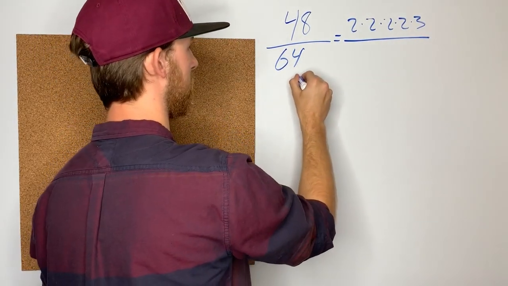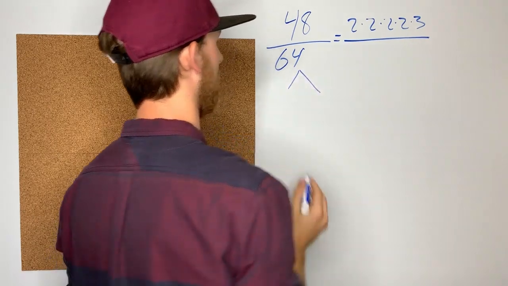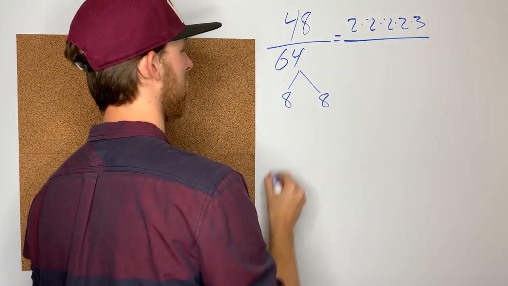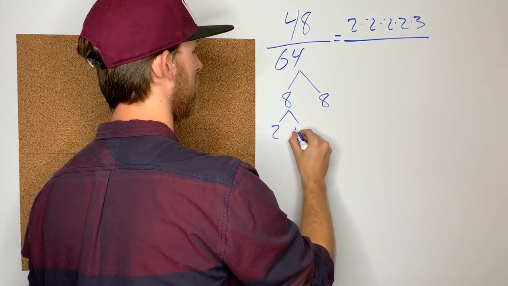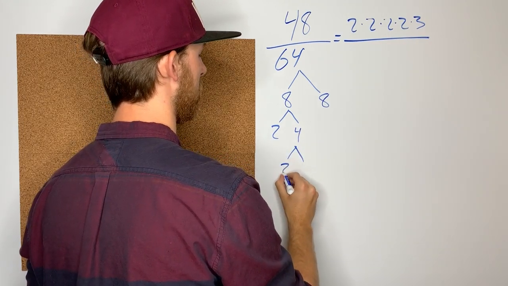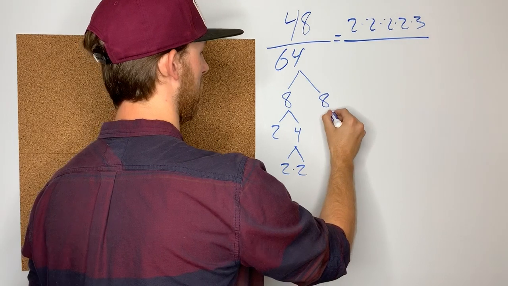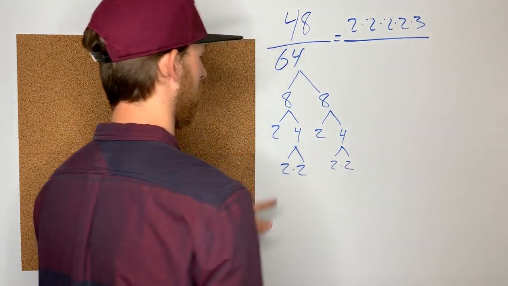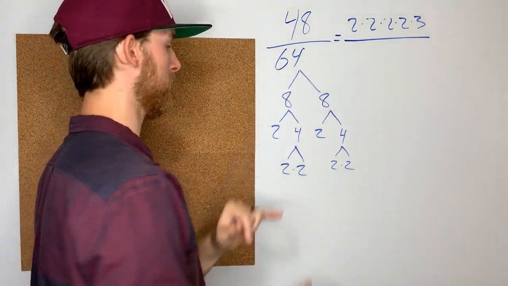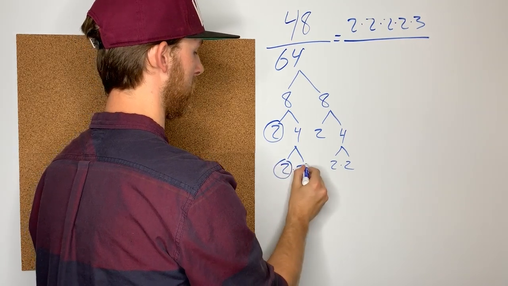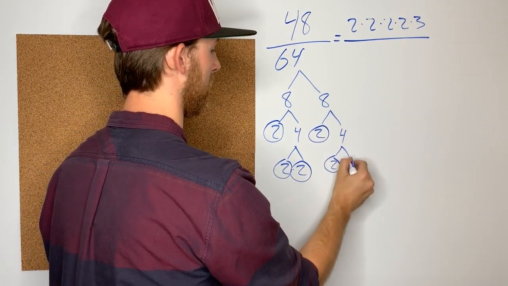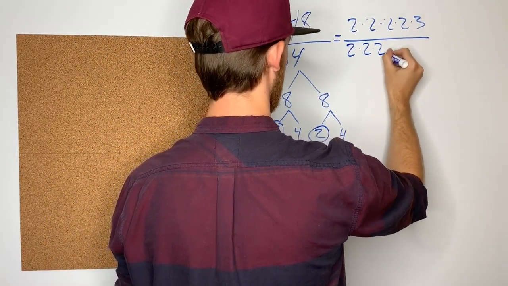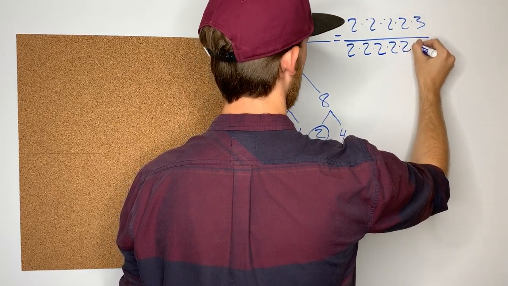For the prime factorization of 64, I know that 8 times 8 is 64, so we'll start with that. 8 times 8, we know that each 8 can be broken down to 2 times 4. 4 can be broken down to 2 times 2, and same thing for the other one. So the prime factorization of 64 is 2 times 2 times 2 times 2 times 2 times 2.